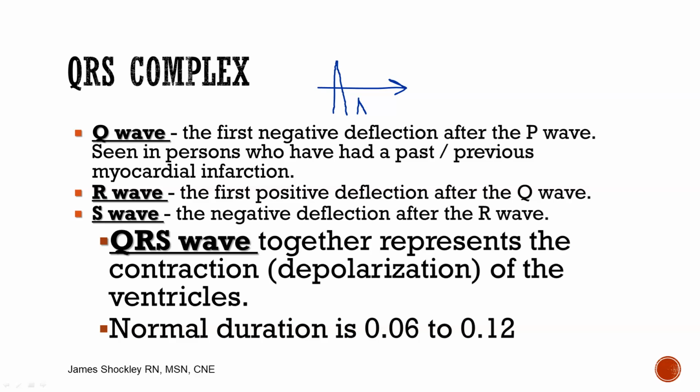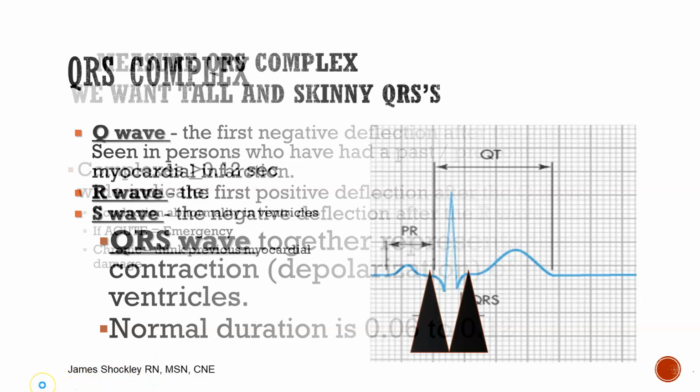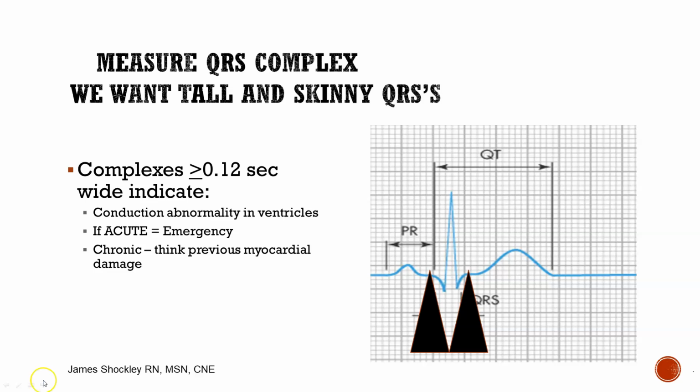That whole thing together represents ventricular, because it makes a V, contraction. And it is 0.06 to 0.12. So here we can see that we're kind of measuring that. And as long as you can tell me that it is tall and skinny, it's my bad habit, as long as it's tall and skinny, you're okay.